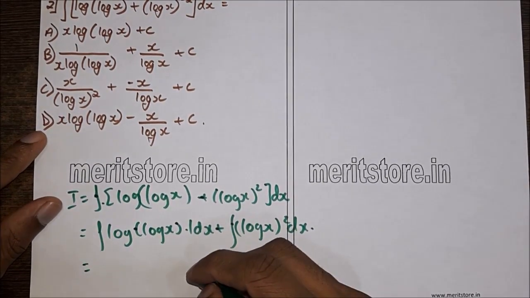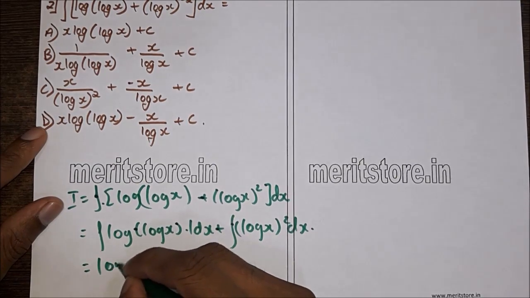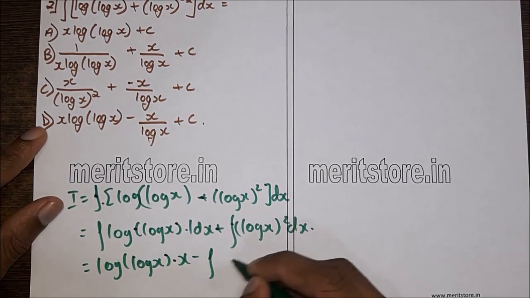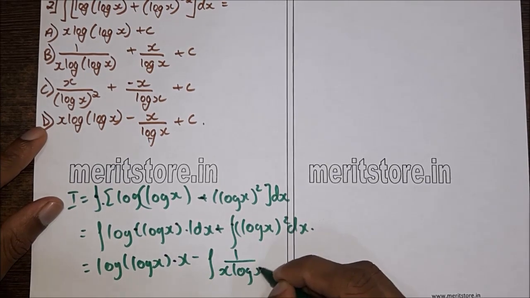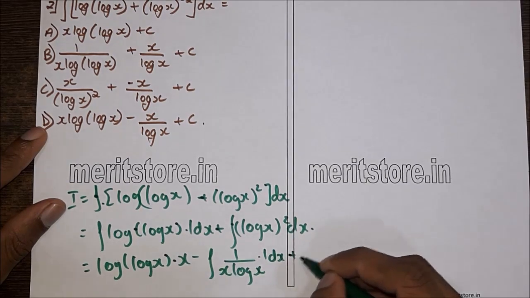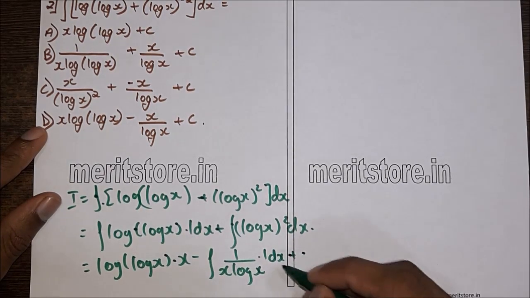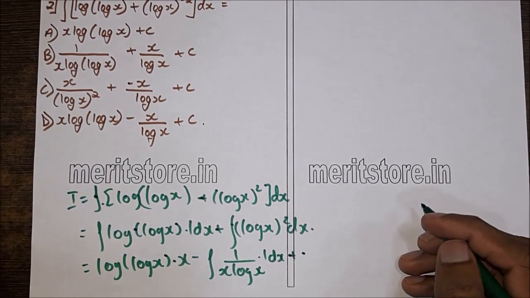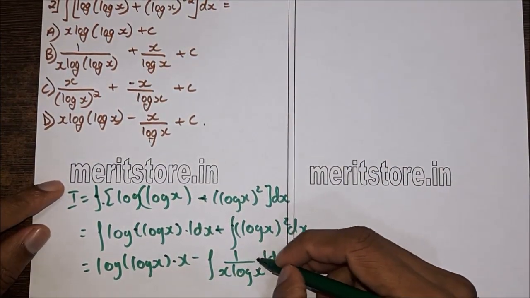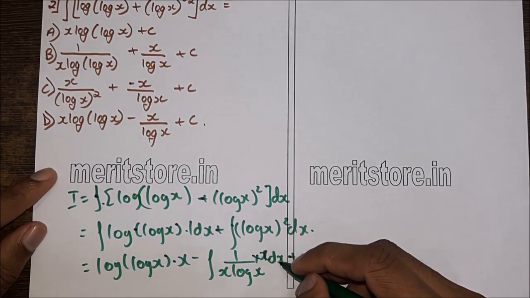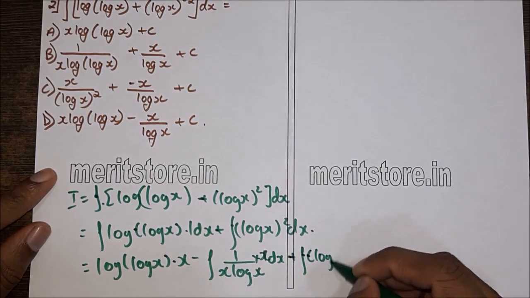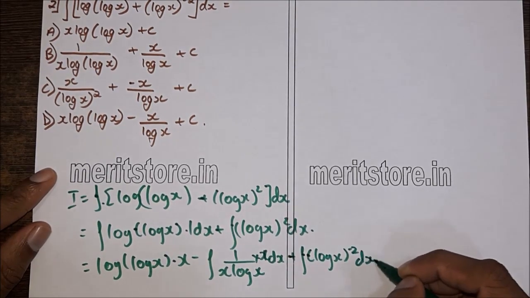You can write this as log of log x into x minus integral 1 upon x log x into x dx plus integral log x raised to minus 2 dx.